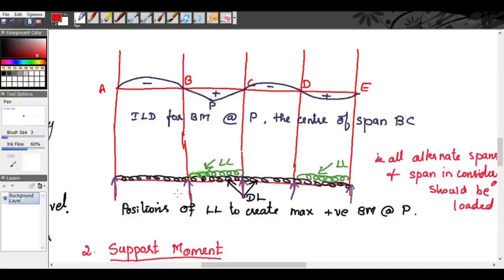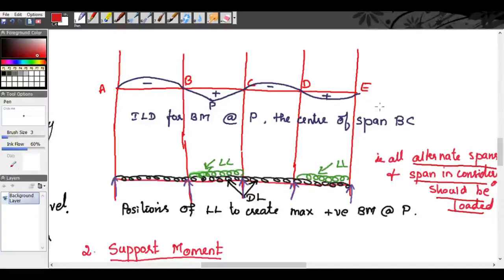As I told you, there is dead load everywhere, there should be live load in the span under consideration, and there should be live load in all alternate spans. BC is the span in consideration, and the alternate span is DE, so DE also will have live load.